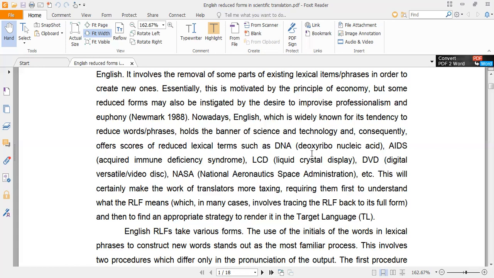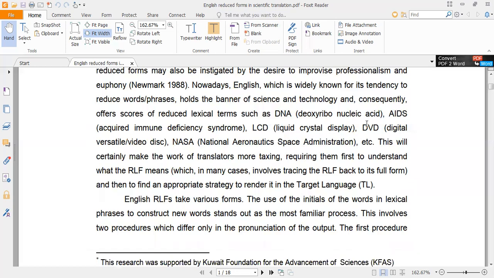Semantically, it is identical to the original one. Both of them, the new one and the previous one, refer to the same semantic vocabulary. Also DVD, the same, digital video disc. NASA also is the same.